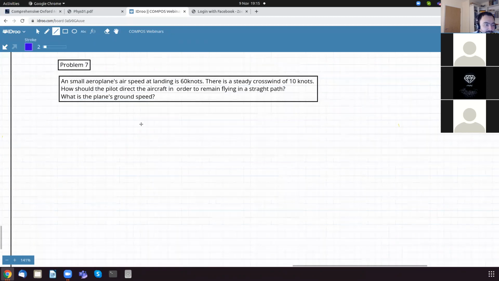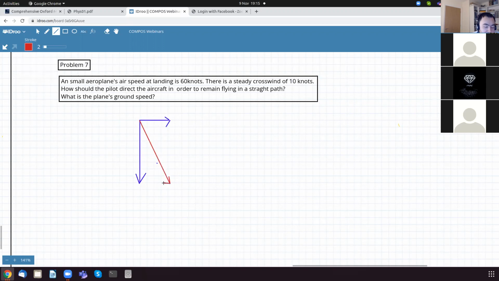So if the runway goes from north to south and the airplane flies like this, then the crosswind will cause the airplane to fly off like this.